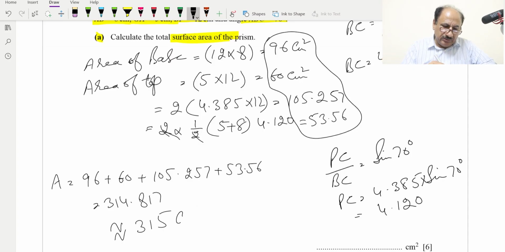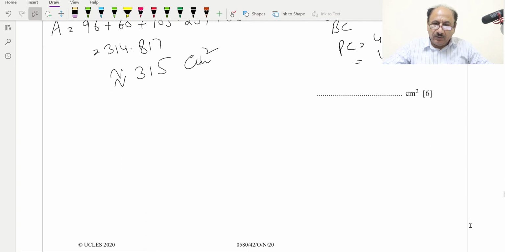This will be centimeter square. Basically this will be the area required for this prism, and we can write here 315 at the proper place.